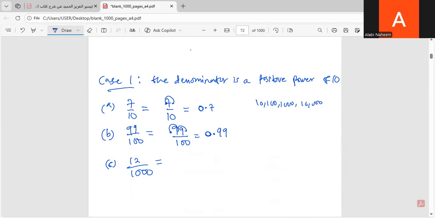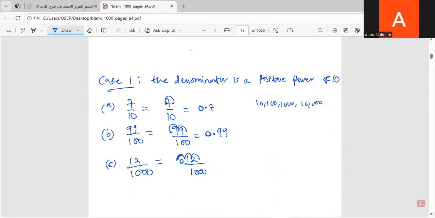For 12 divided by 1,000, 1,000 has three zeros. So move the decimal point three times from the end here: 1, 2, 3. You can see you have an empty space here. What do you do to it? Fill it with zero. Anytime you have an empty space like that, fill it with zero.